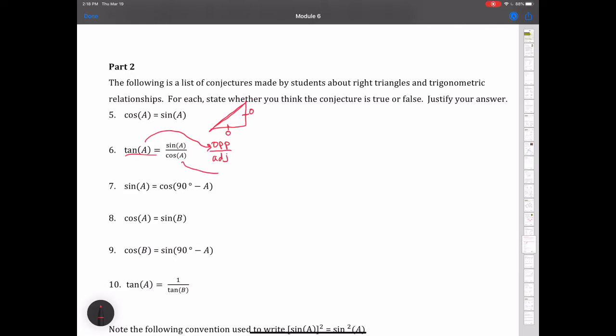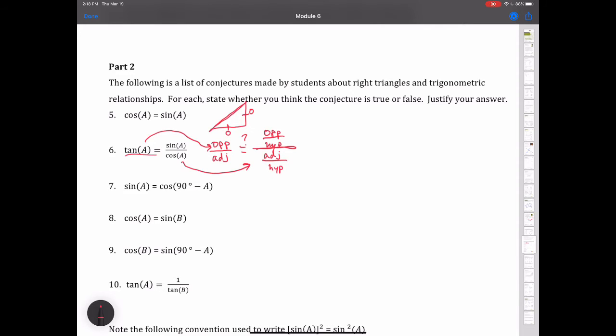And then I'm going to rewrite these as well by putting sine as opposite over hypotenuse and cosine as adjacent over hypotenuse. So I've got opposite over hypotenuse, bigger fraction bar here, and we've got adjacent over hypotenuse.